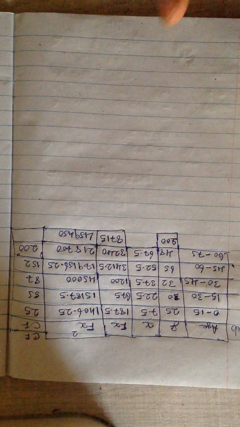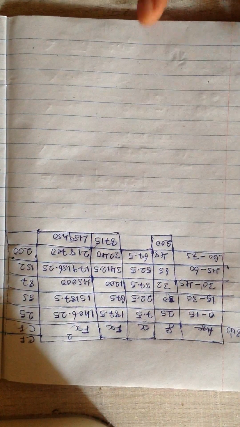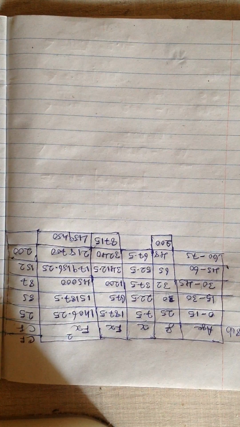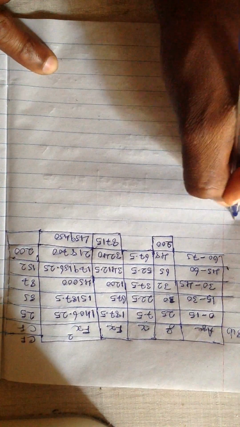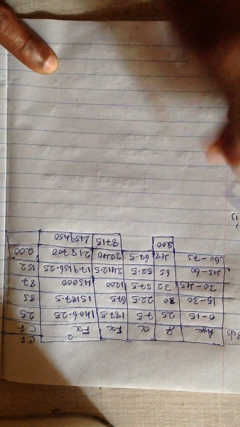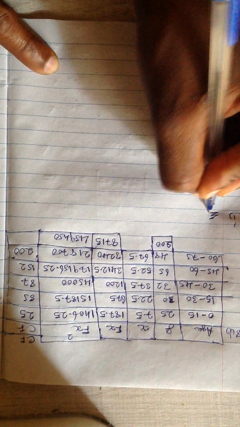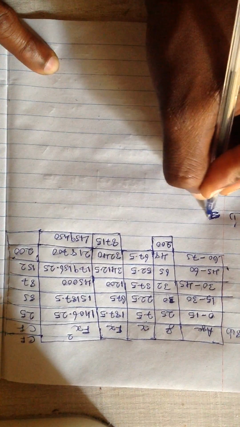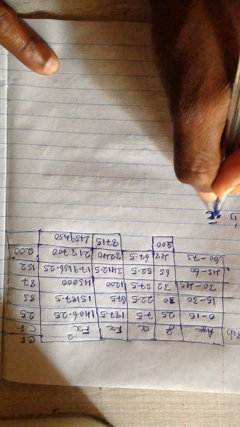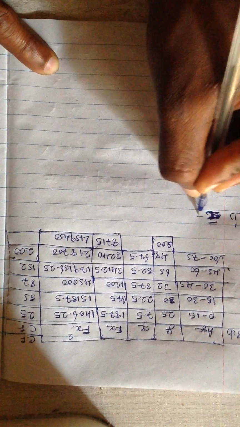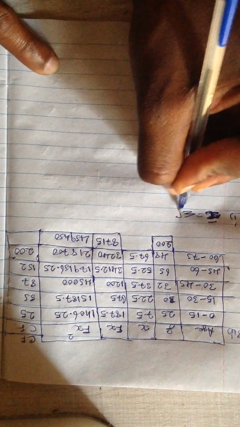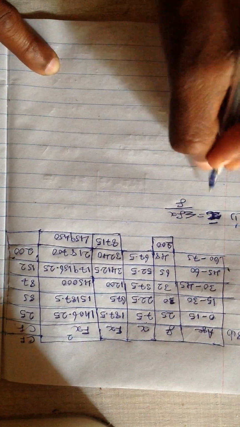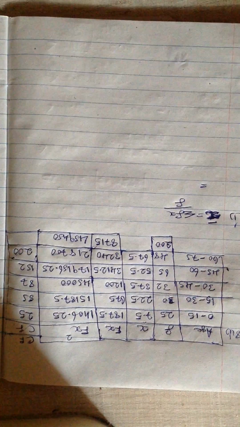What next? We proceed with our calculations. Now we start calculating based on this table here. The first question says calculate the mean. So how do you calculate the mean? This is the formula: the mean is equal to the summation of fx over f. What is the summation of fx?